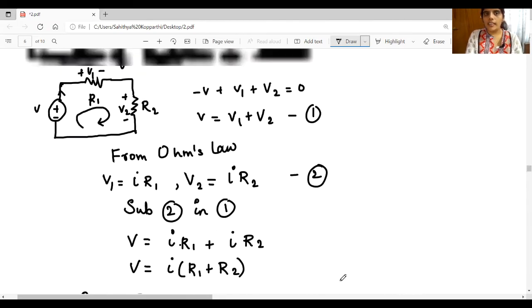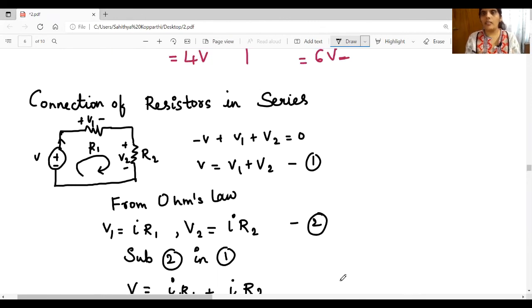Now, a series circuit is also called a voltage divider. That means the total supply voltage will get divided among the resistors, depending upon their resistance. If the resistor has a higher value, then the voltage drop will be more across that resistor when compared to the other resistor.